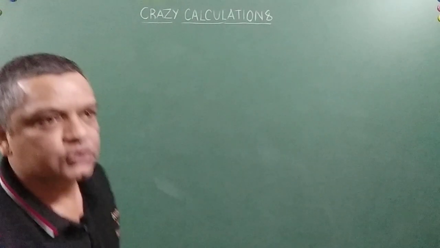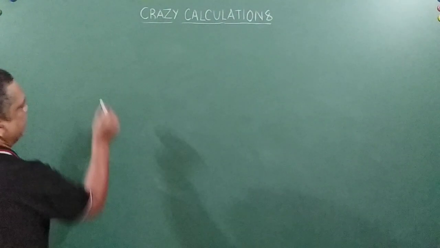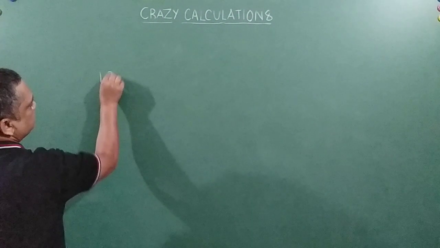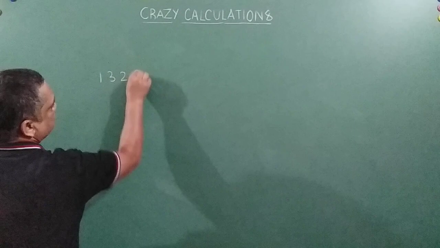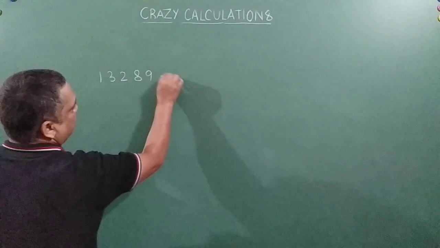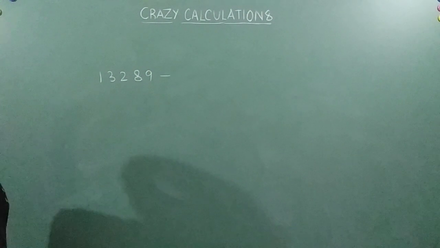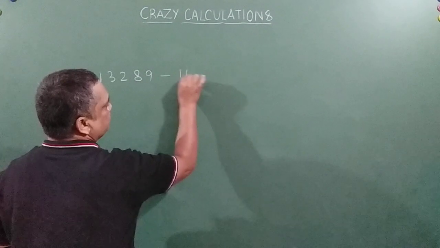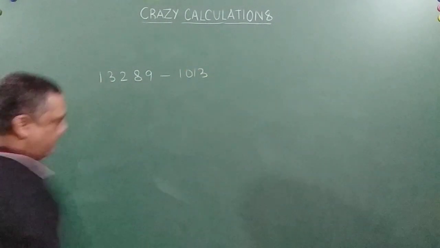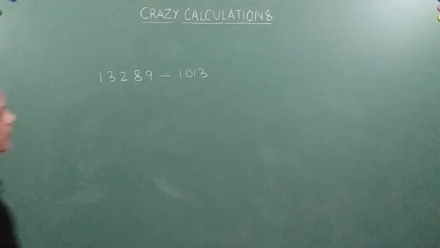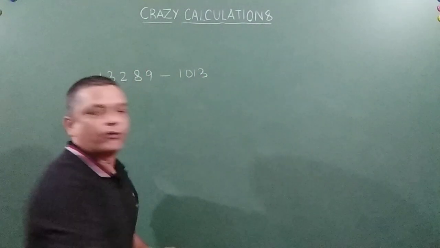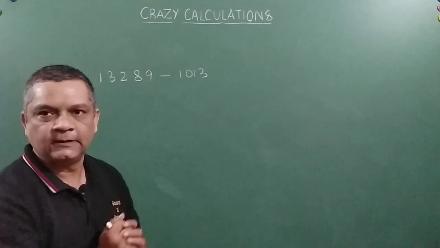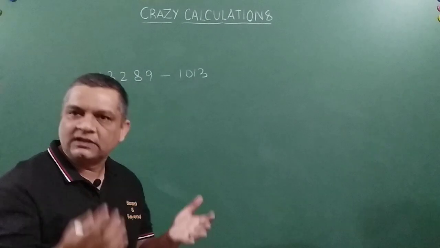So 13289 divided by 1013. Let's do it. So friends, this is a 4-digit number, correct? So my base should be equal to 1000.